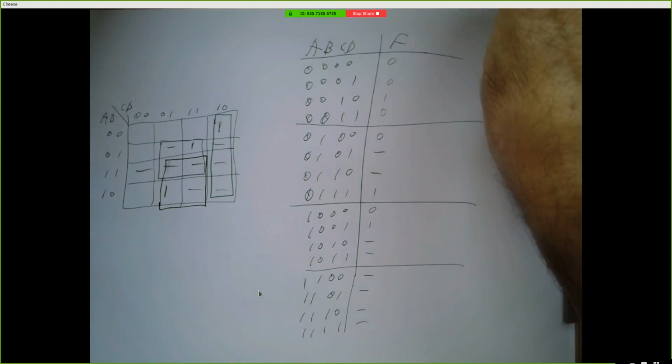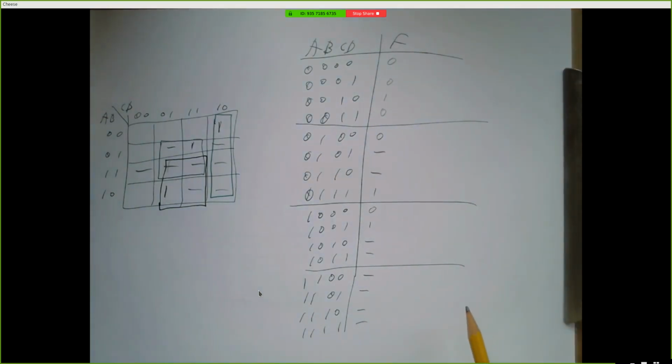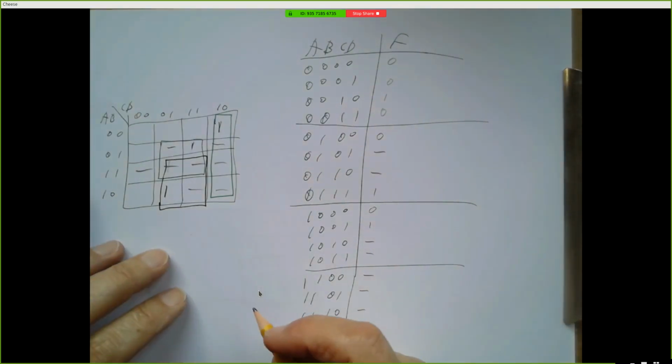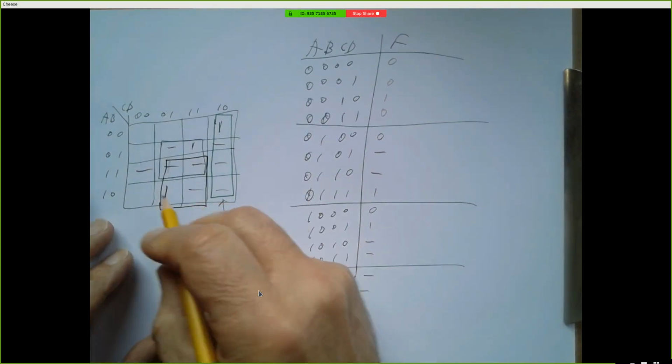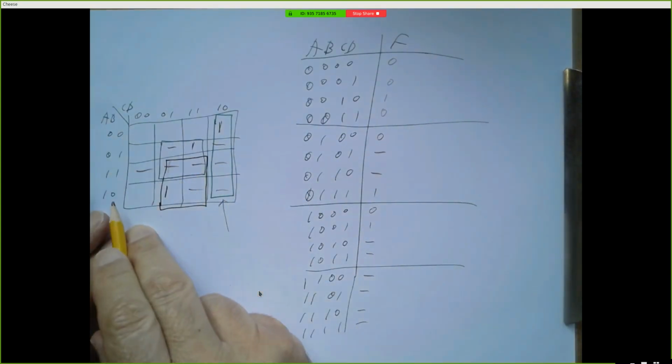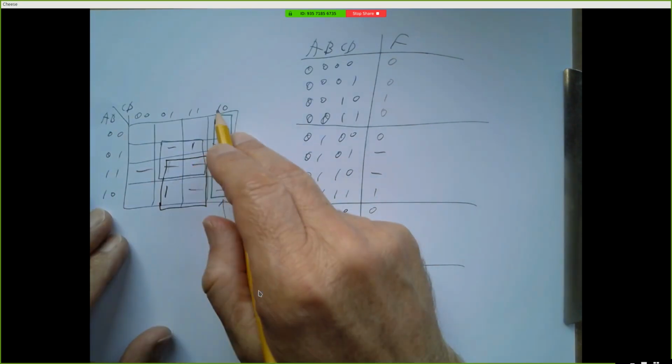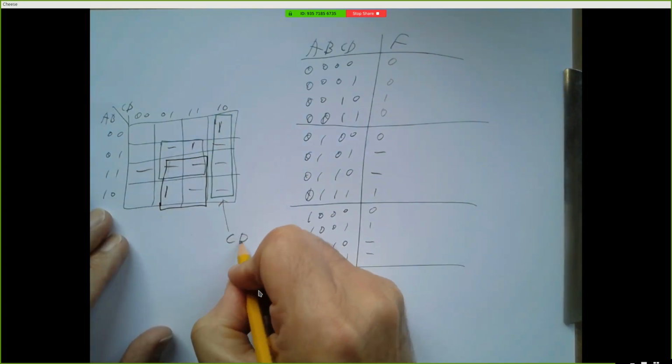Right? So whereas before I had a sum of 3 products where each product had 4 terms in it, I'm going to get something a lot simpler here. This rectangle over here, A can be 0 or 1, B can be 0 or 1, so they don't appear. C has to be a 1, D has to be a 0.